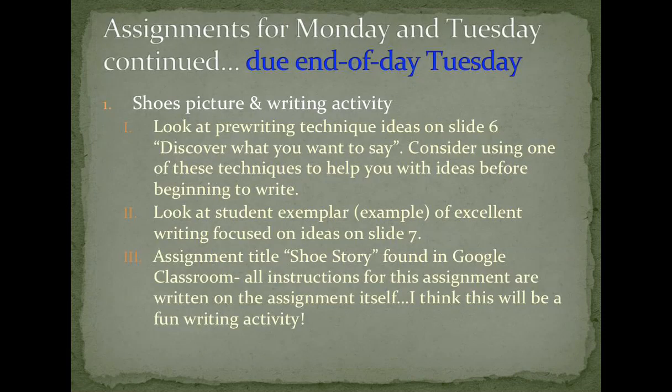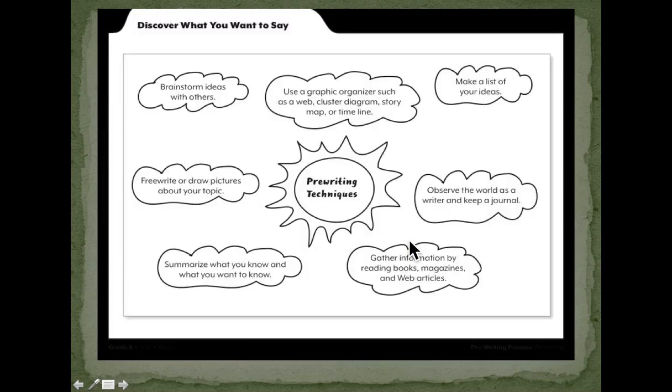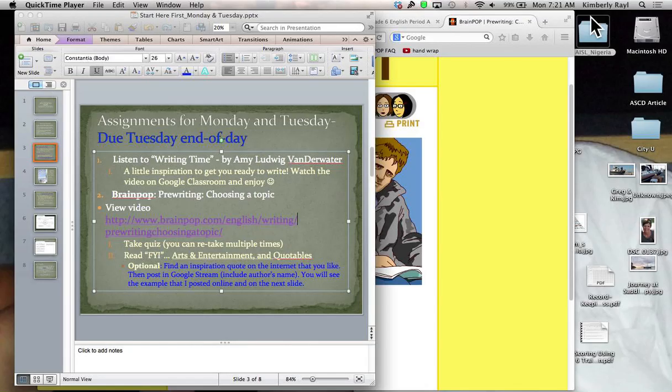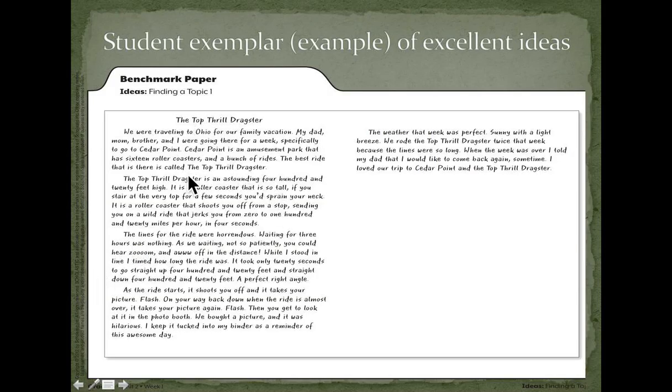So I'm going to go back to this other slide. Then it says, look at student exemplar. That's an example of excellent writing focused on ideas. And that's on slide 7. Let's take a look at that. So this is an example, student exemplar, or example of excellent ideas. So you can read through this paper.